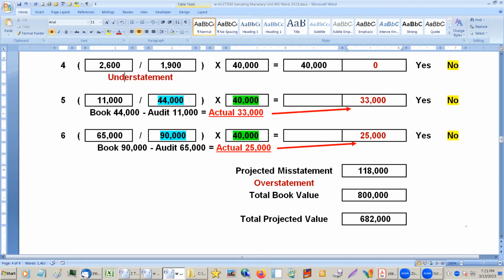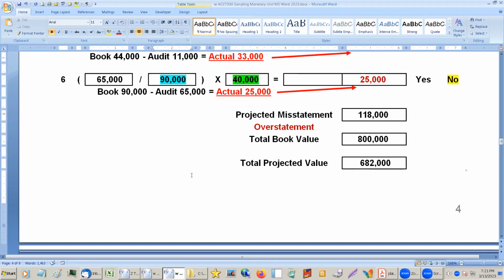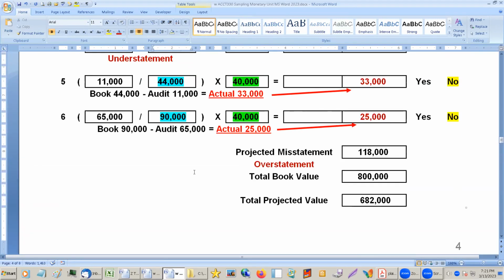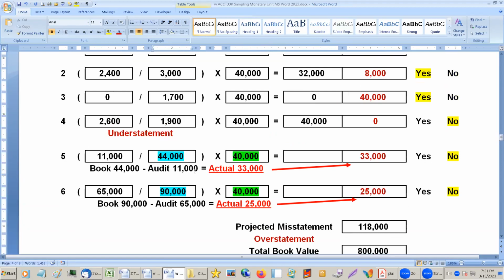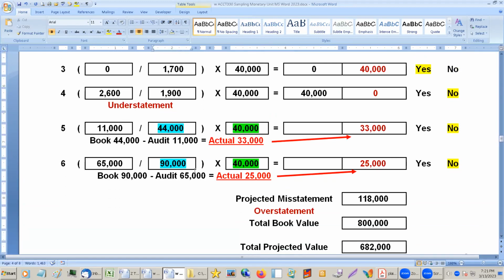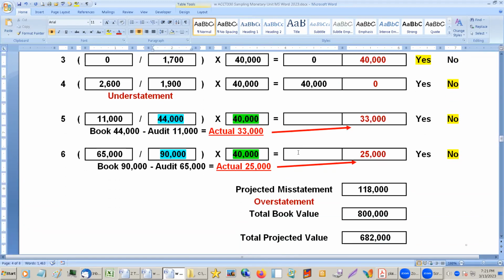And even though we have this understatement here, we don't count it. This method isn't supposed to find it, and when it does find it, we ignore it. It's kind of like fishing and you catch a boot, you throw it back in the water, but that's not what you're looking for.